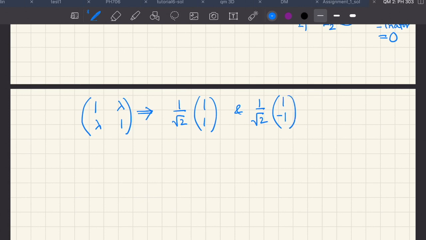No matter what the values of lambda are, it does not depend on lambda. So the eigenvalues of the matrix H, which is representing the full Hamiltonian, are 1 plus lambda, which I just mentioned, and 1 minus lambda.